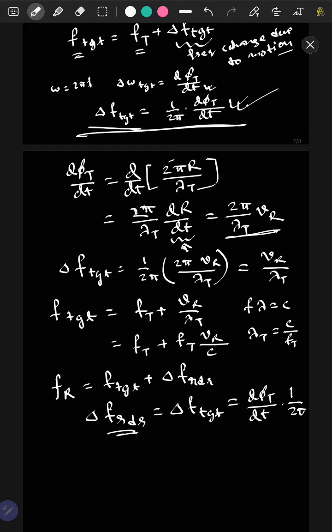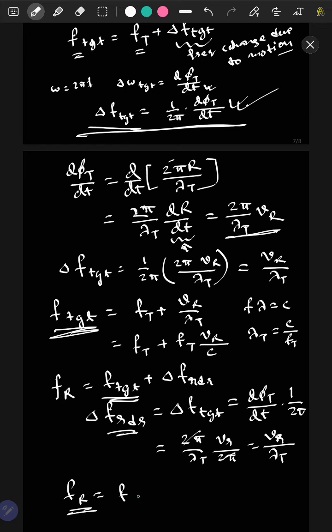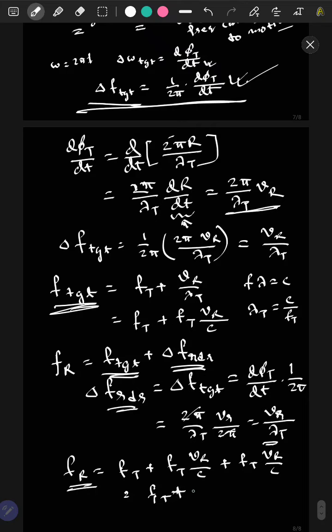So now we can write the received frequency as F target, which is Ft plus Ft Vr by c, plus delta FR, which is again nothing but Ft Vr by c. So this is Ft plus Ft into twice Vr by c.